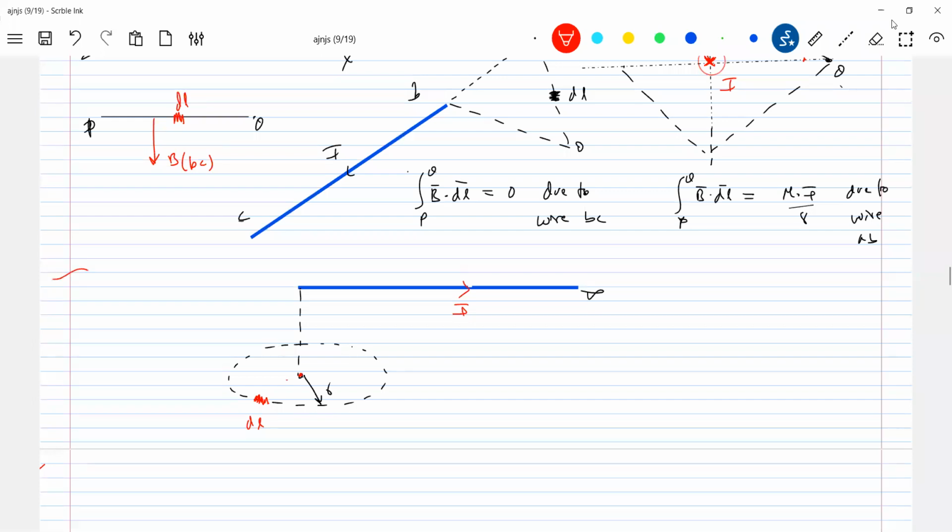Look at this previous problem and this problem. I'm just asking, is it 0 or non-zero? That's all.